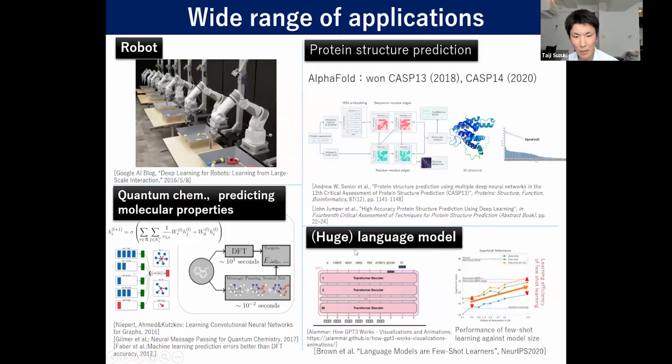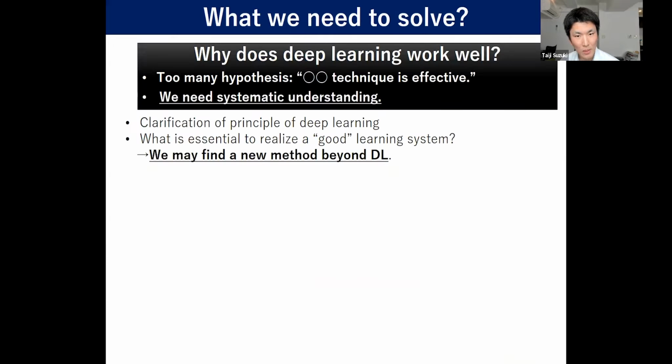And nowadays we also have very huge language models, and it is beginning to be able to do some logical reasoning by using this kind of language models. So we have seen great improvement of the methodologies, and much development of deep learning applications.